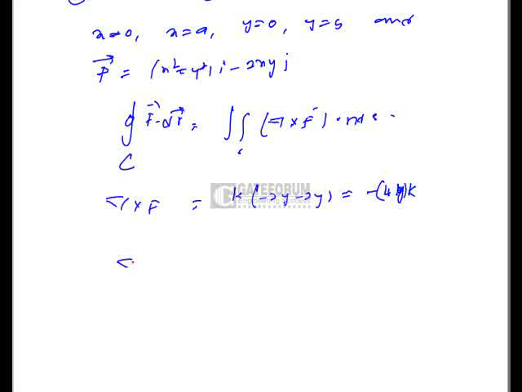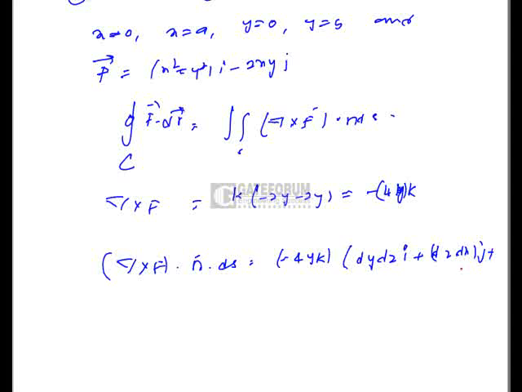Now del cross f dot n into ds is minus 4yk into dy dz times i plus dz dx times j plus dx dy times k, and if I simplify, it will be minus 4y times dx dy.